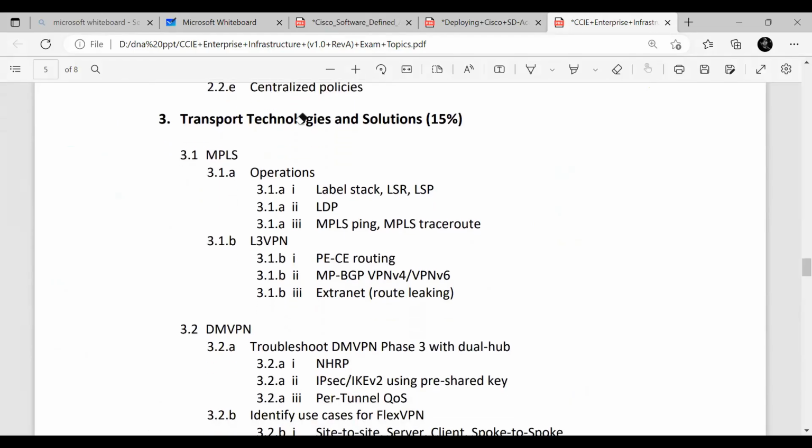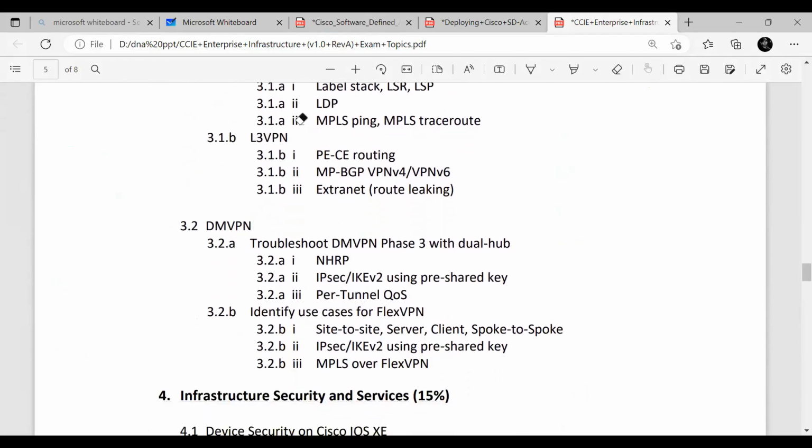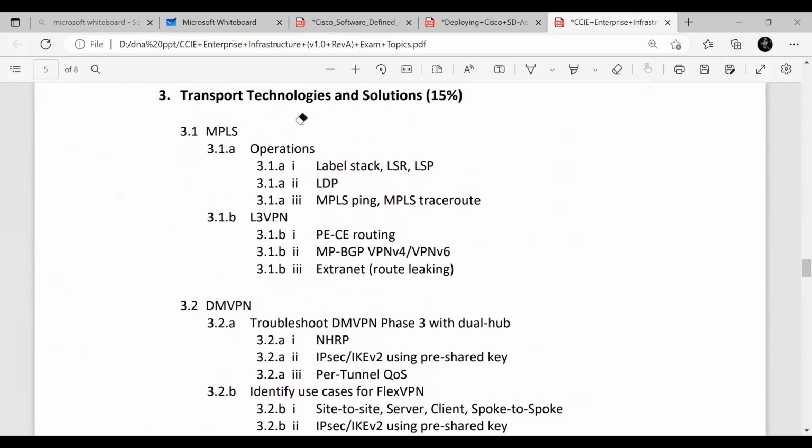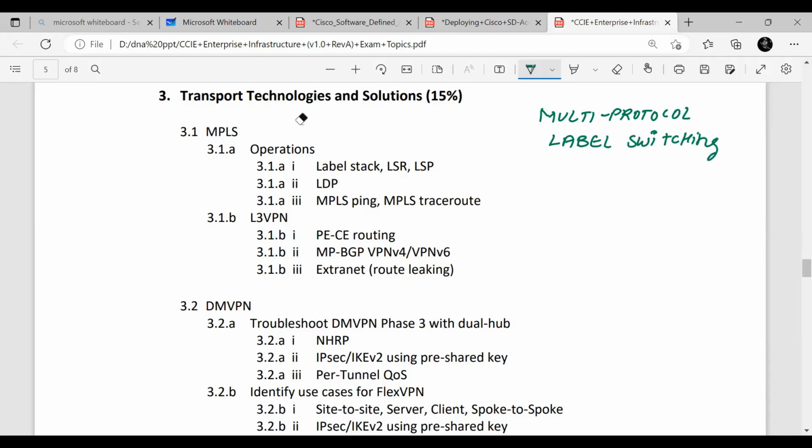Then we have transport technology and solutions. In this, we have two technologies important from the point of view of the CCIE lab as well as in day-to-day life. MPLS stands for multi-protocol label switching.